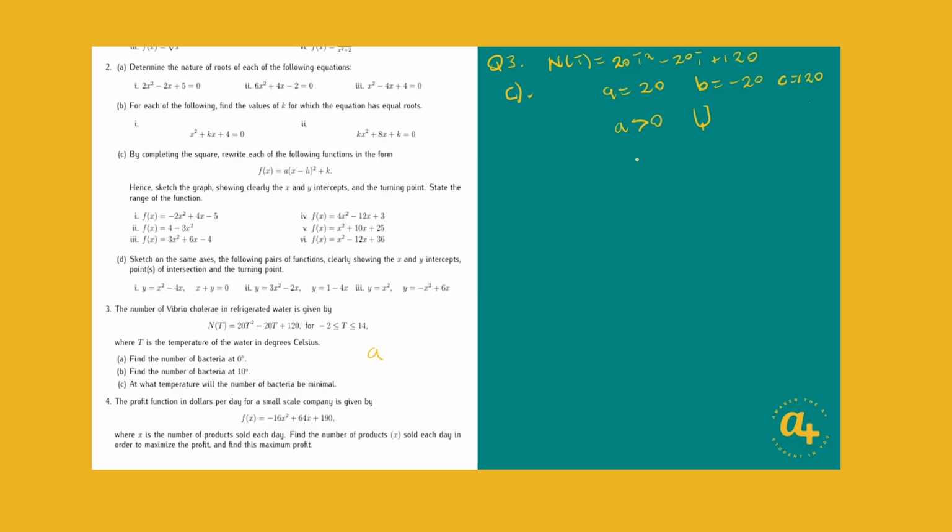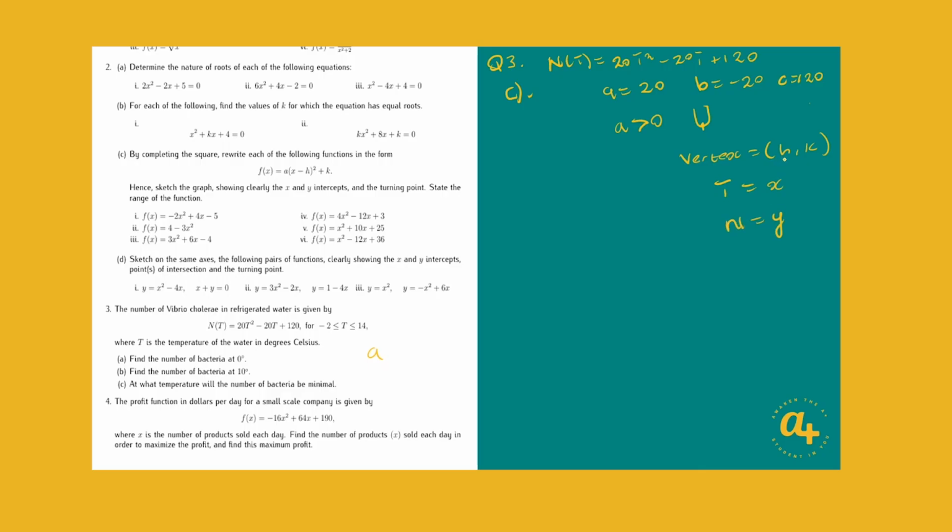In order for us to know the temperature that will give us the lowest number of bacteria, we need to know what the vertex is. Why? Because the coordinates of the vertex of this graph would tell us exactly the temperature that will give us the lowest number of bacteria. Here's another way of looking at it. Remember, the vertex is given by the coordinates (h, k). We are being asked to find the temperature that will give us the lowest number of bacteria. So we can say t, our temperature, is our x coordinate, and our number of bacteria, n, is our y coordinate.